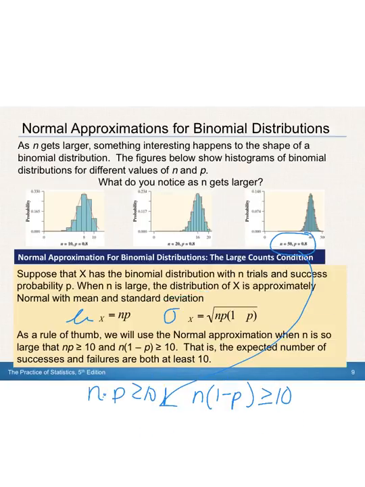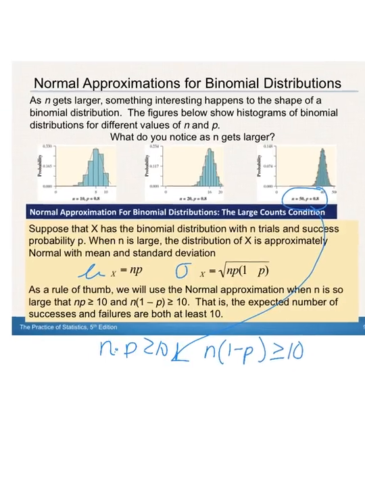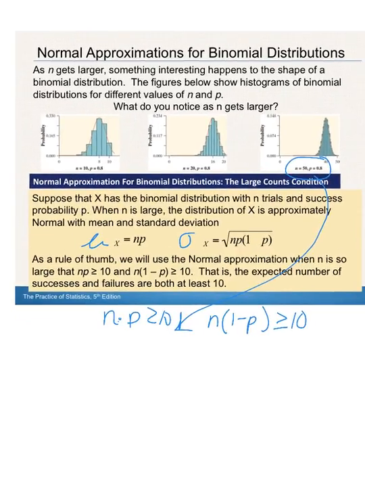Same thing also, and this is something that we're not going to test on right now either: as the number of trials gets more and more, the binomial distribution gets closer and closer to a normal approximation.